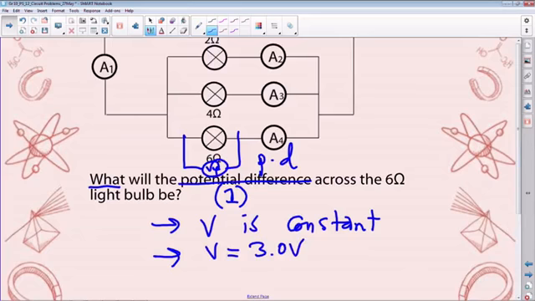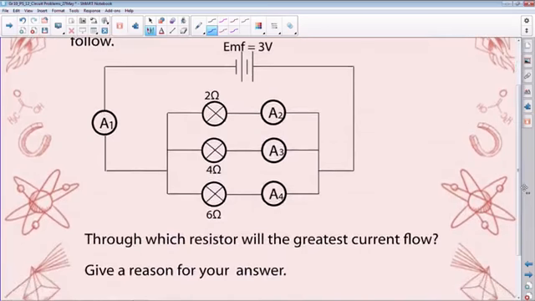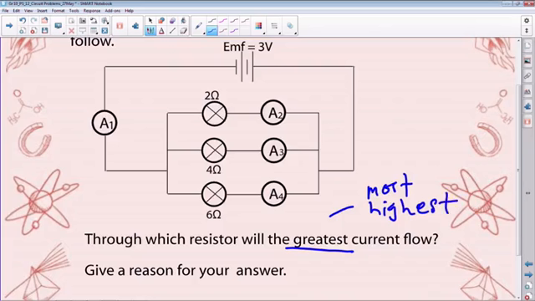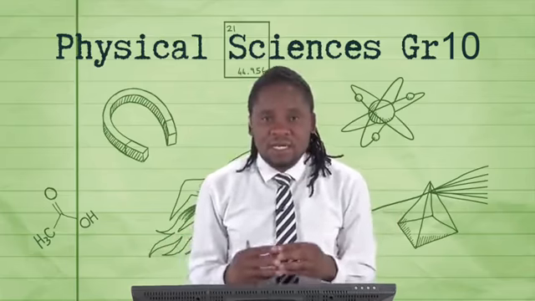Now, if we go a step further with that understanding that voltage is constant, we want to understand through which resistor will the greatest current flow, emphasis there on greatest, meaning the highest current. That said, we want to substantiate that. In a typical parallel circuit, this is what actually happens as far as current is concerned: the higher the resistance in that path, the lesser the current.